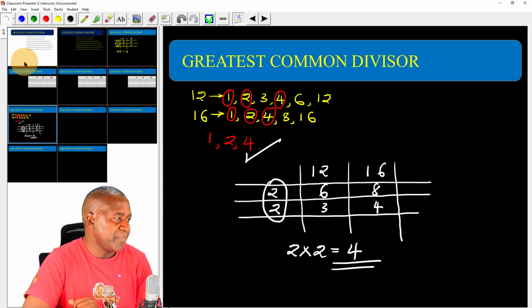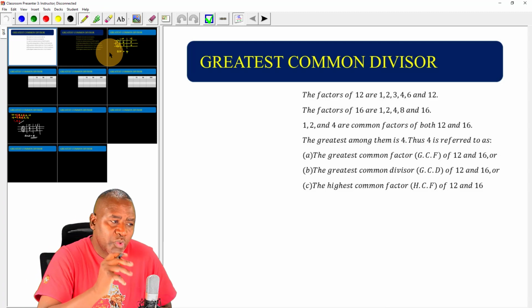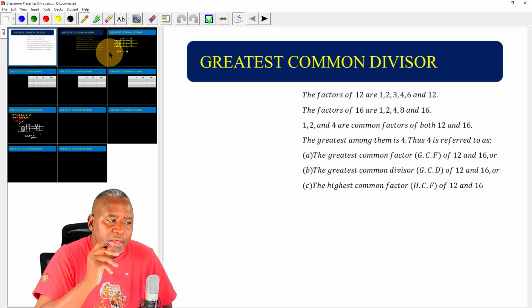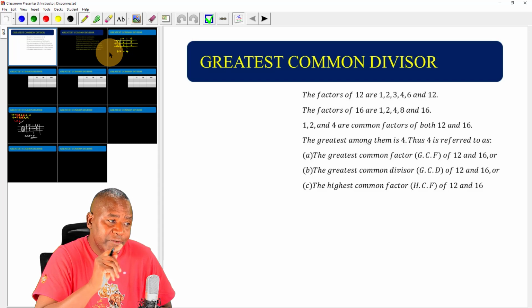So what do we mean by the greatest common divisor of numbers? We have looked at the fact that the factors of 12 are 1, 2, 3, 4, 6, and 12. The factors of 16 are 1, 2, 4, 8, and 16. 1, 2, and 4 are common factors of both 12 and 16, but the greatest among them is 4.